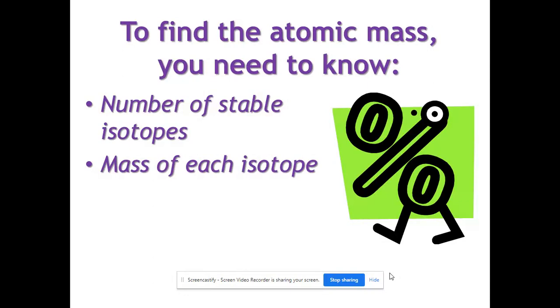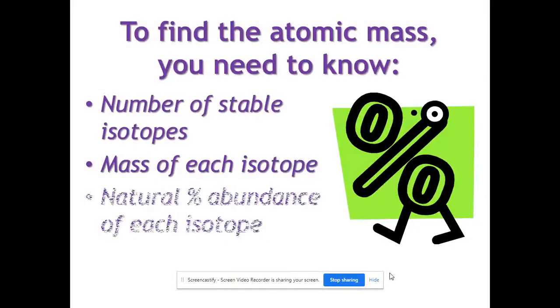You need to know the mass of each of those isotopes, and that's fairly easy because it's just the proton number, which is always the same, plus the number of neutrons, along with the natural percent abundance of each isotope. So again, how many isotopes do you have? What's the mass of each one? And how abundant are they? Abundance means how common they are.